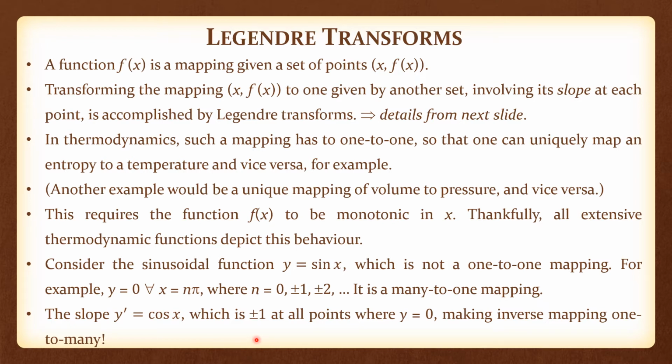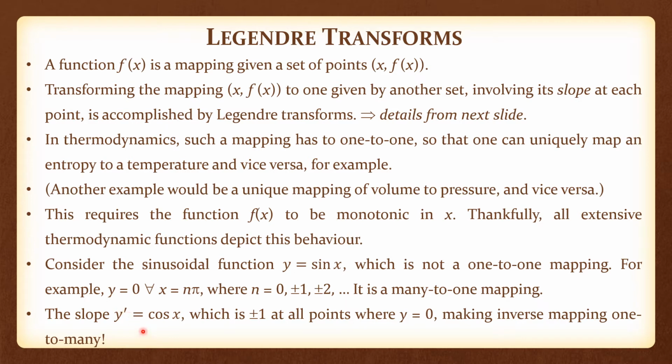Now if you were to go from your m back to x, your original independent variable, you have one value of plus 1. Which x does this plus 1 correspond to? Does it correspond to 0 or 2 pi or 4 pi or 6 pi or 8 pi? You don't know. There is no way to know. That uniqueness of information is lost.